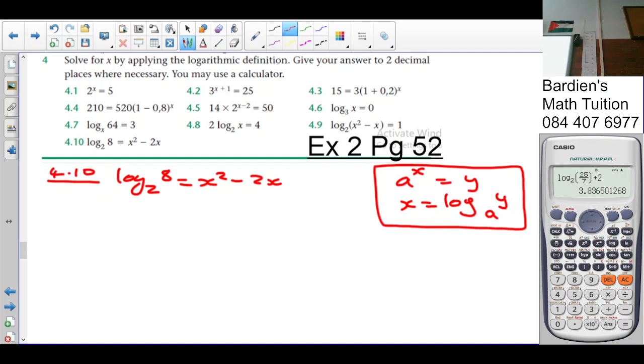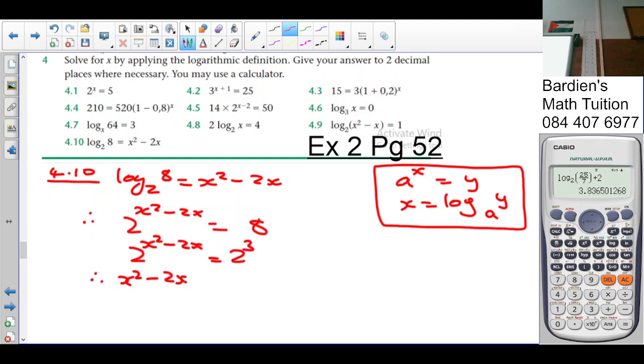The base remains the base, so 2 to the x squared minus 2x is equal to 8. What can 8 be written as? 2 to the power 3. So x squared minus 2x is equal to 3. Bring it over the equal sign: x squared minus 2x minus 3 is equal to 0.